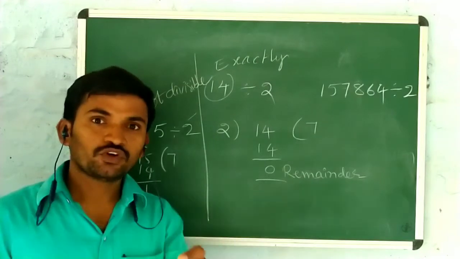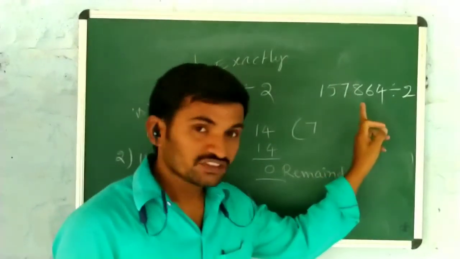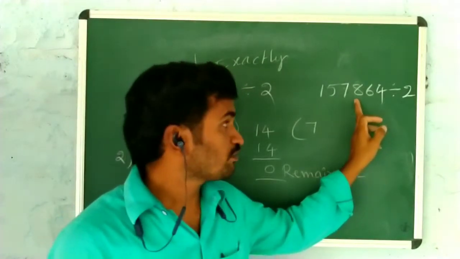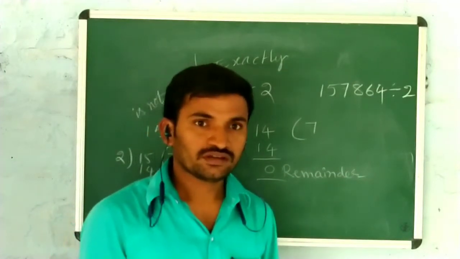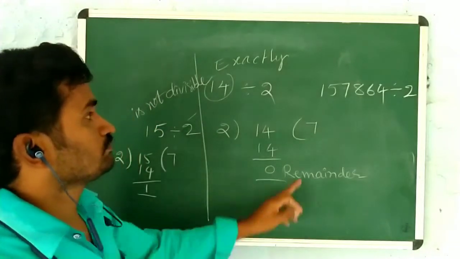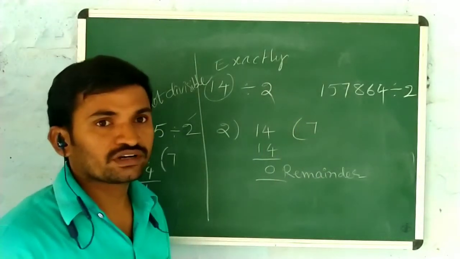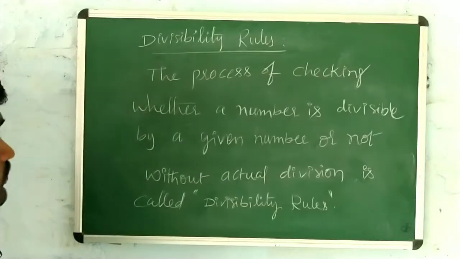So, if you know the divisibility rules, then within a fraction of a second we can say whether this number is divisible by 2 or not. Are you understanding what I am telling? So to say whether a number is exactly divisible by 2 or not, we have to learn about divisibility rules.